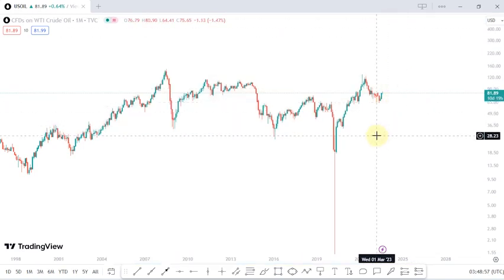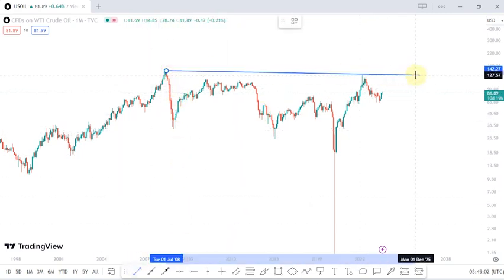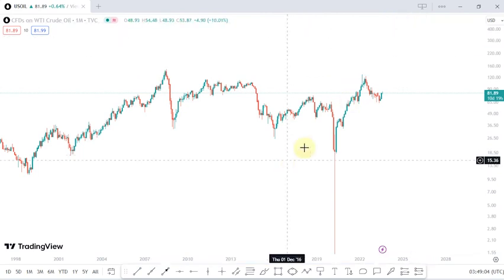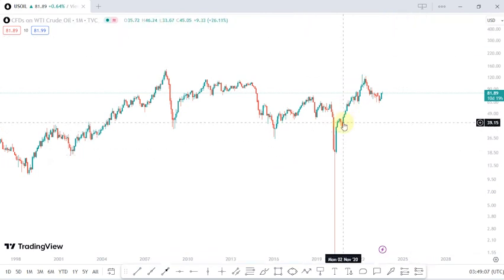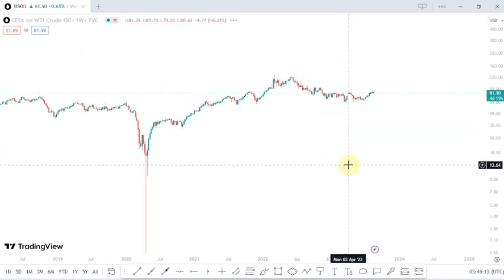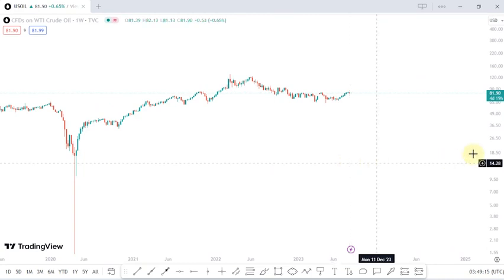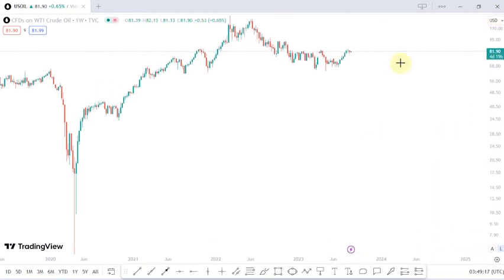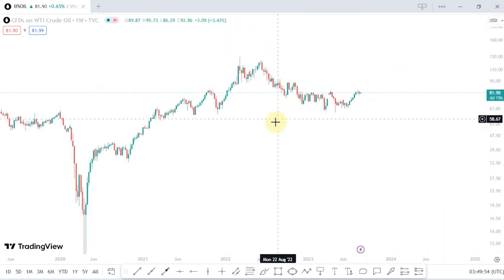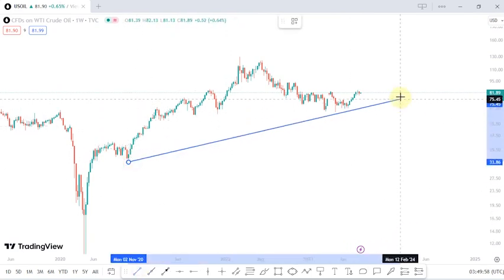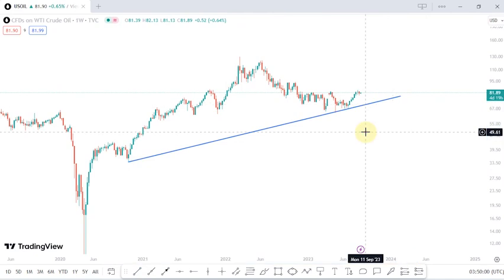I think placing a trend line on the monthly time frame might not be the best. So what I'll do, I'll go down to the next lower time frame. I think this is the best I can do.